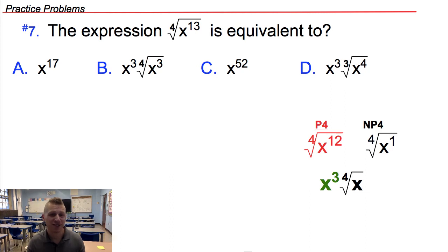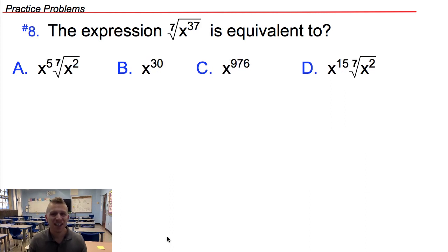Hopefully there's a correct answer for this one. Here I want to see if you can find the 7th root of x to the 37th. Well, if I go and I rewrite this, I'm looking at multiples of 7. And here, this one might be pretty bad, as this one here says 23. So let's try it with 37. 7, 14, 21, 28, 35. 35 looks like the biggest one.